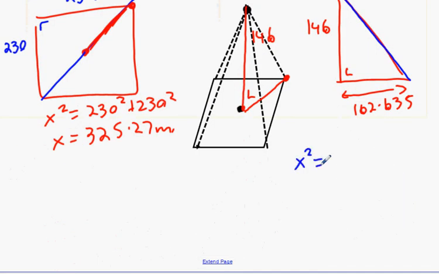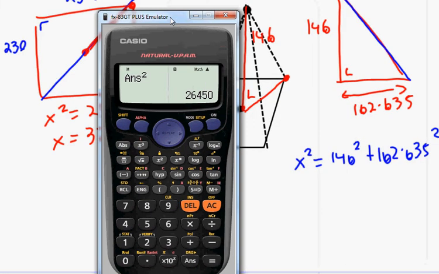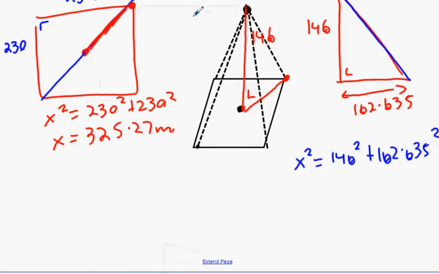X squared equals 146 squared plus 162.635 squared. I'll square that with my answer, add that to 146 squared, and root my answer. Same deal again, isn't it? 219.54.